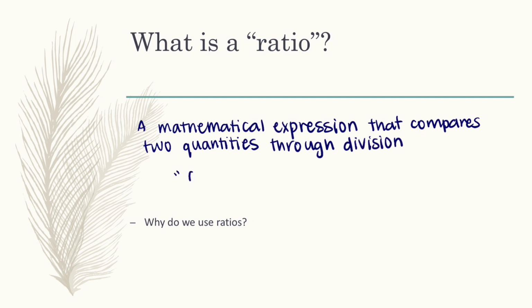One way you can think about it is that it's saying for each blank, something happens. For example, for every 1 hour you work, you earn $10. So that's what a ratio is.